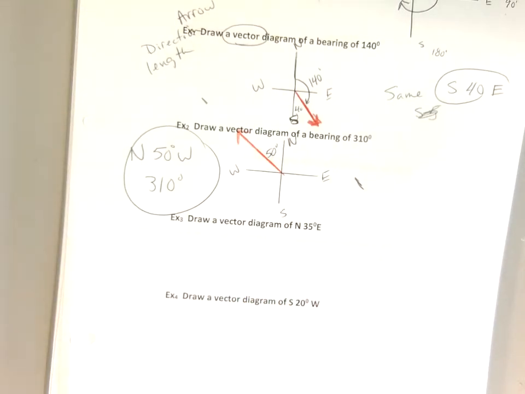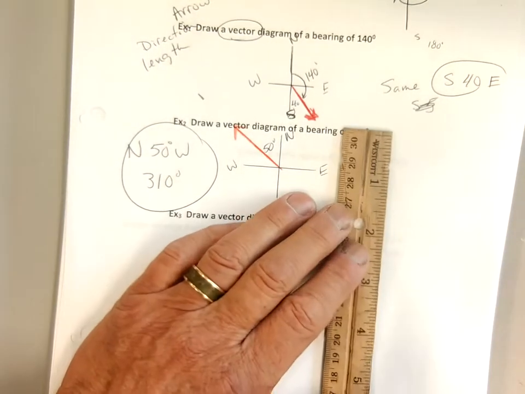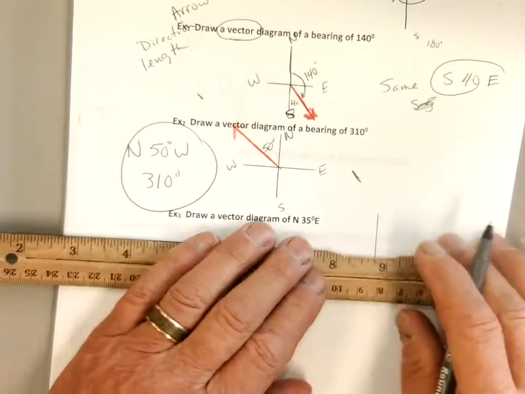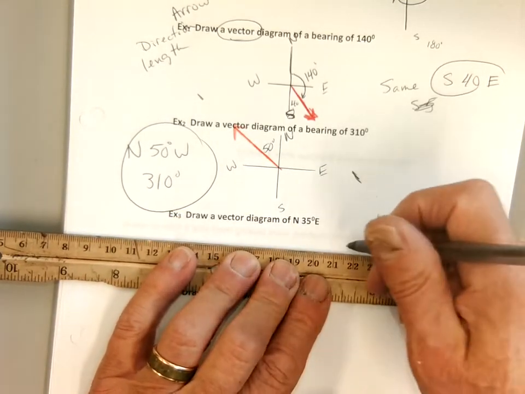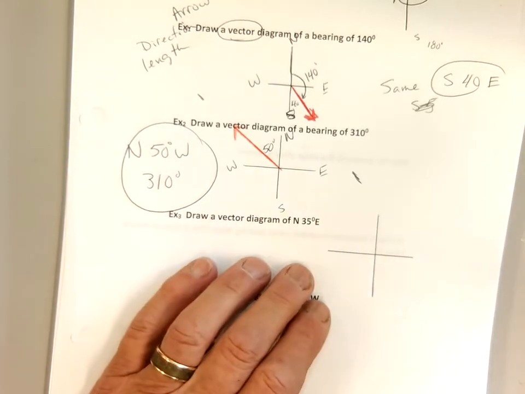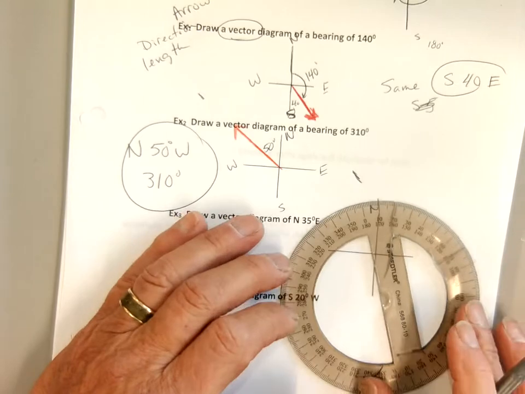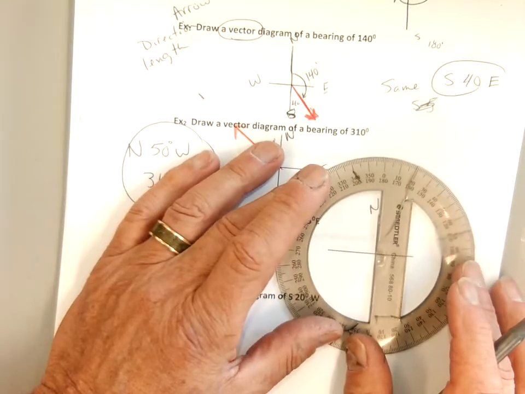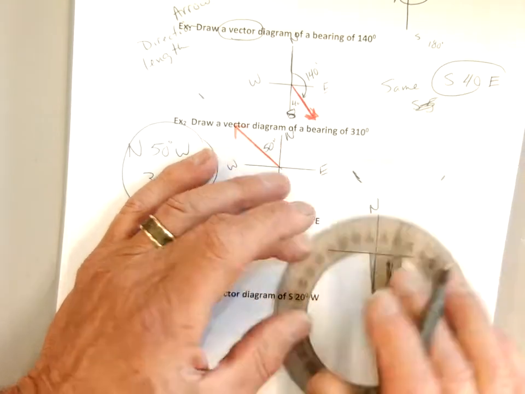So then, example 3, draw a vector diagram north 35 degrees to the east. We could probably do that, right? Okay, my compass rose down. We're going to look north, and I'm going to rotate 35 degrees towards the east. About 10, 20, 35 degrees towards the east.